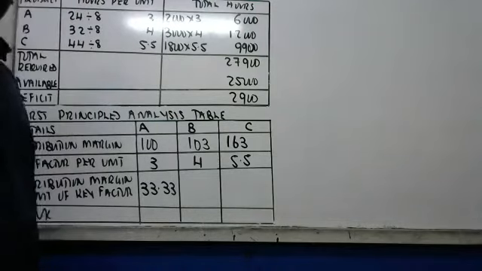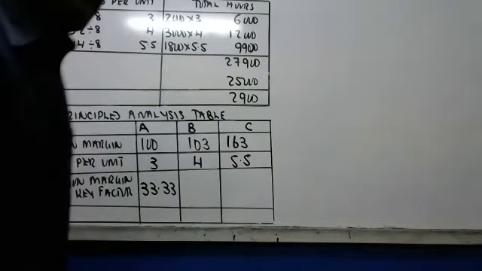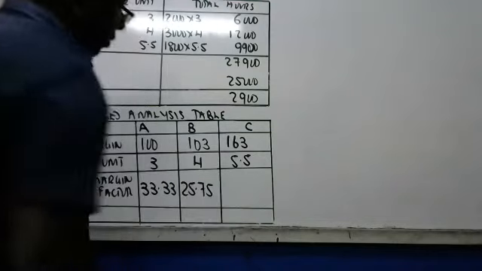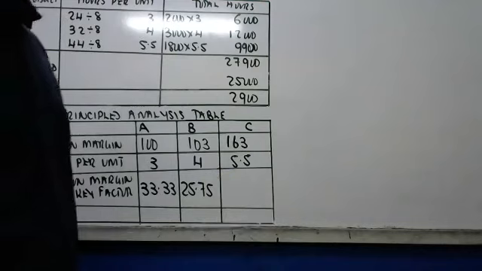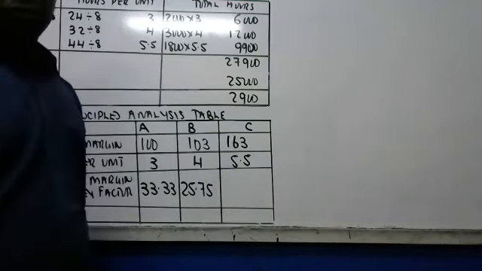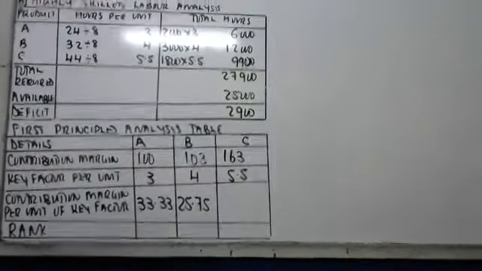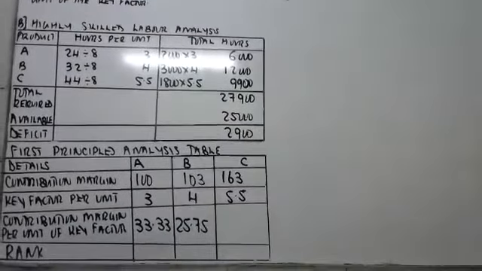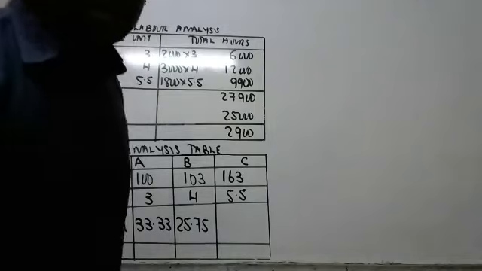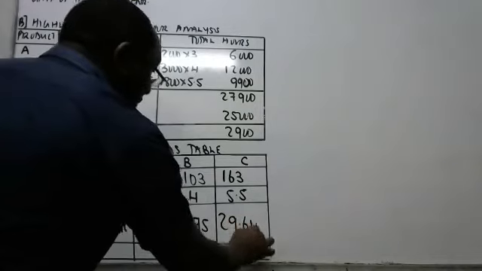103 divided by 4 is 25.75. Good. I have 163 divided by 5.5, which is 29.64.